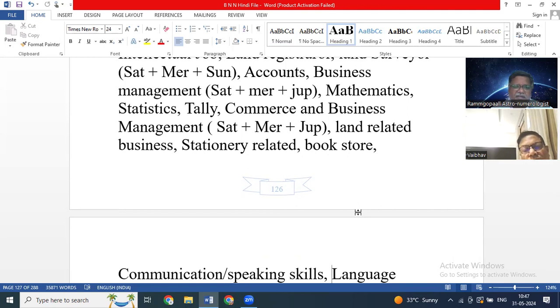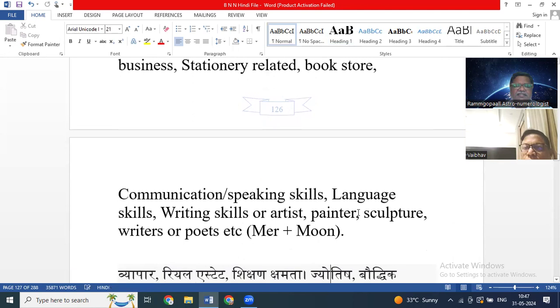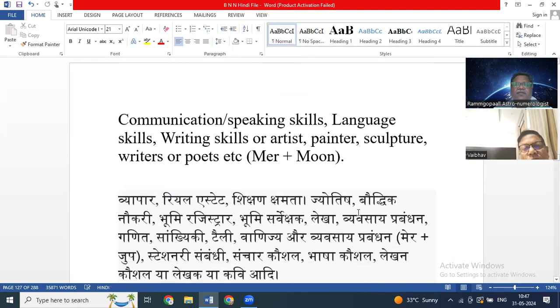Whatever you write with your hand, books, pens, all these stationery items are related to Mercury. Communication skills, speaking skills, Mercury. Language skills also Mercury. Writing skills, Mercury. And artist, painter, sculptor, writer, poet, so the Moon should also be with Mercury.